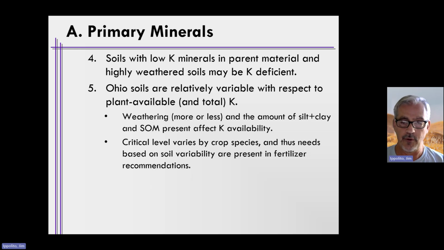So when you look at fertilizer recommendations for corn or soybean or wheat in the state of Ohio and other states, you're going to notice that the amount needed varies based on soil variability. Is the soil coarse textured or fine textured? And what's the crop that we're growing? We're going to talk more about that in this unit. So stay tuned.